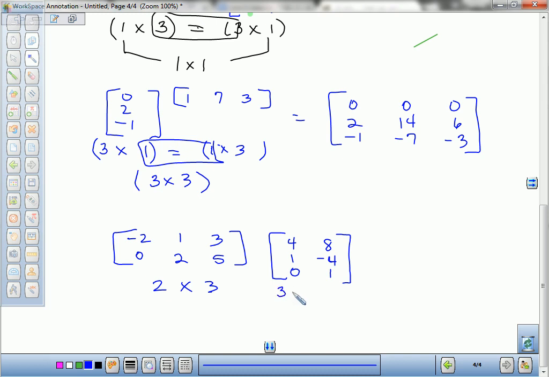So this is 3 by 2. Is it possible? Yes, because those are the same. What will the dimensions of the resultant matrix be? 2 by 2. So, it's going to get smaller. Weird.